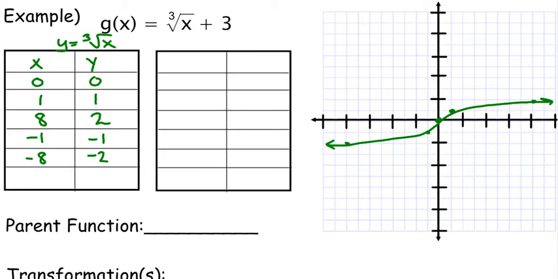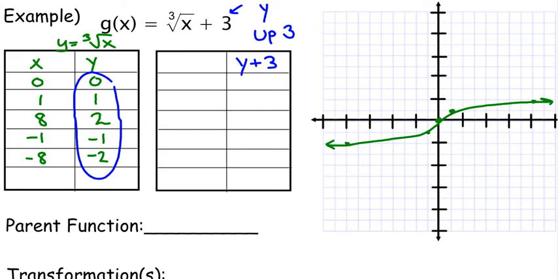Now we need to figure out what our transformation is. Notice that this plus 3 is outside the cube root. It's going to affect the y-axis, and it's going to push everything up 3 units. So we're going to take all of these values in our y, and we're going to add 3 to them.